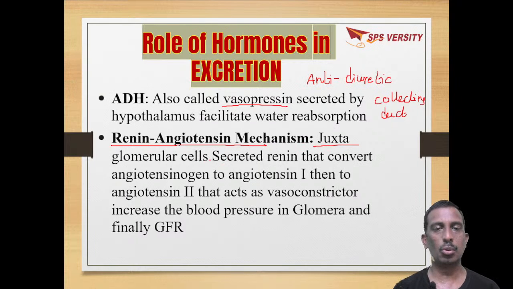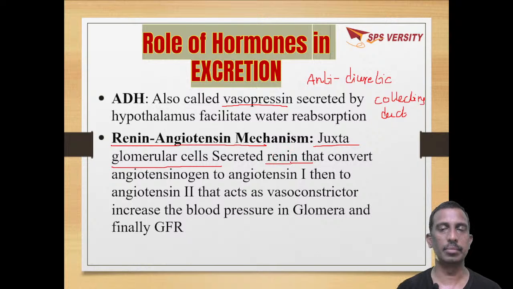Juxtaglomerular cells will secrete a hormone called renin. What will this renin do? This renin will convert angiotensinogen to angiotensin 1. And this is chain 1, where angiotensin 1 is again converted to angiotensin 2.